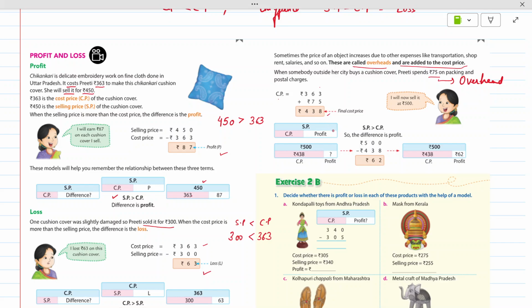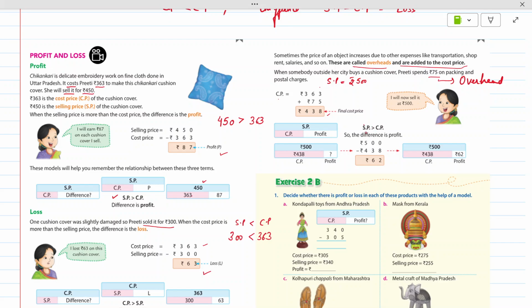And the selling price in this case is 500. So 438 is the cost price, and the selling price, I'm writing here, they have not written. So SP in this case is rupees 500. So SP is 500, CP is 438.